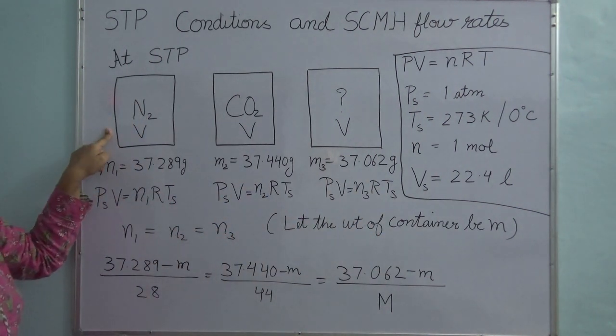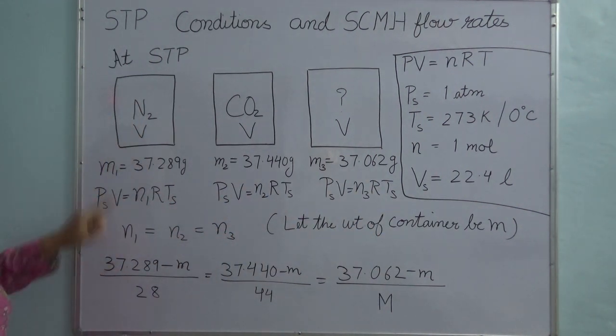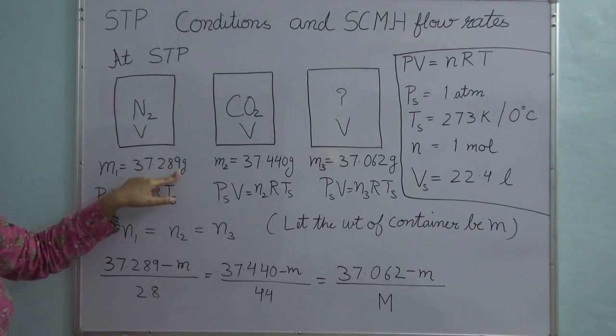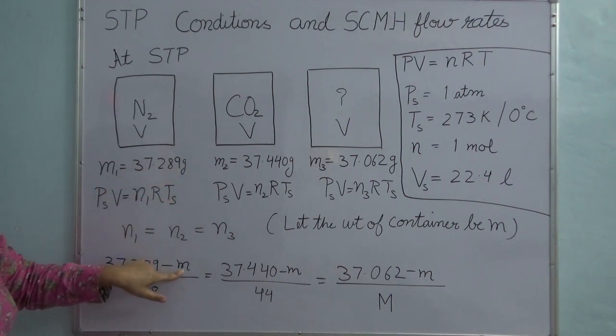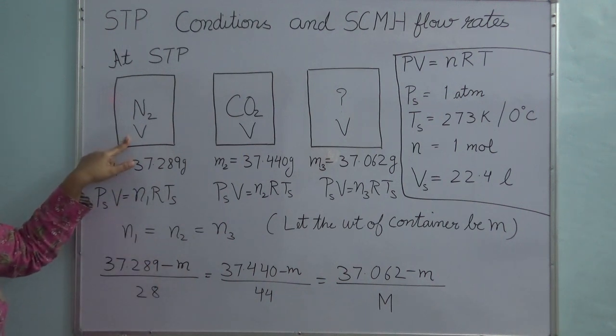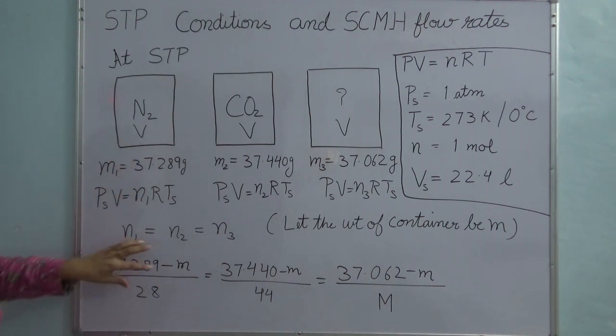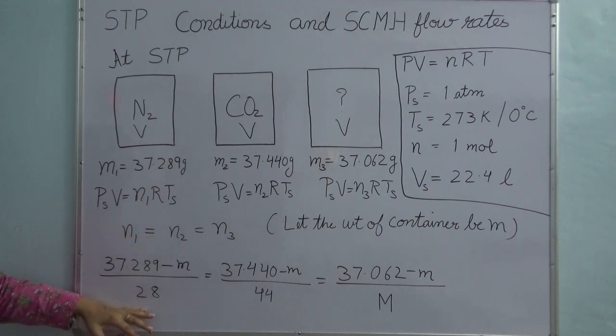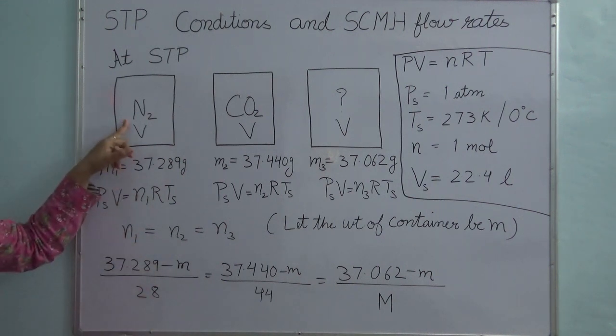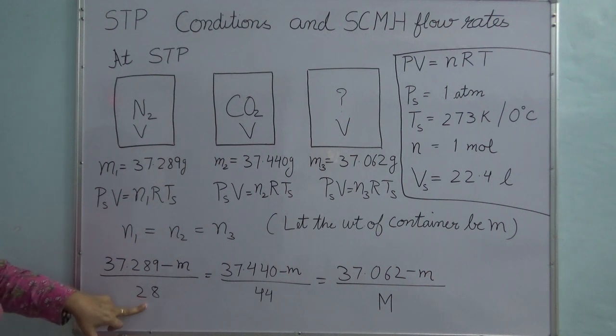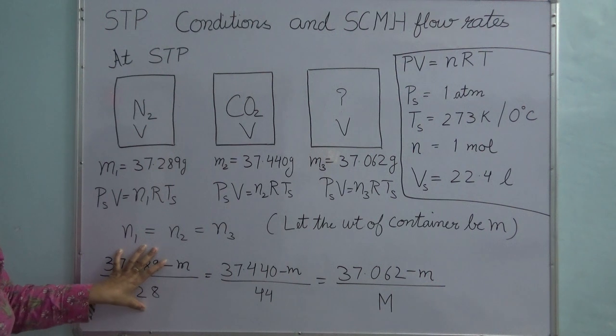Then the weight of nitrogen gas in the first case will be 37.289, that is the combined weight, minus the weight of the container. If I want to find out the number of moles of nitrogen, then I have to divide the weight of the gas by its molecular weight. The molecular weight of nitrogen is 28, so I divide by 28. This gives me the number of moles of nitrogen gas in the cylinder.